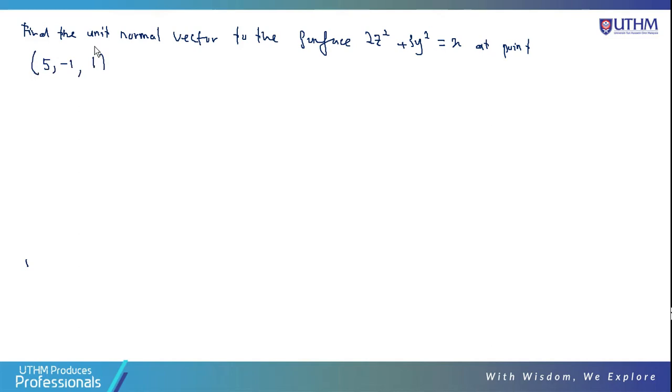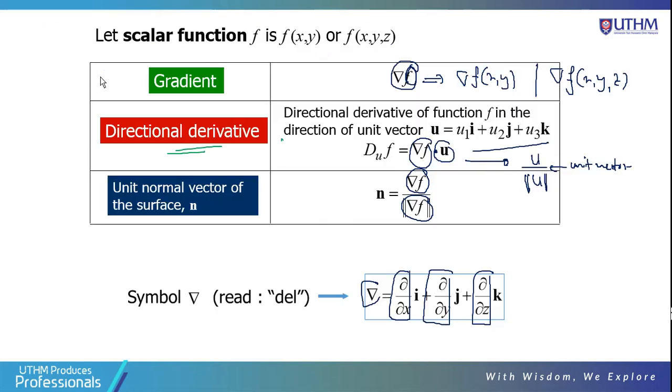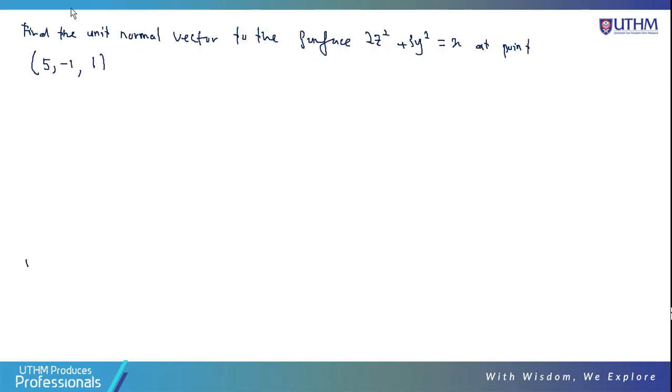Okay, the first thing you need to find, so the formula is n equals the gradient of the scalar function divided by the magnitude of the gradient. So you need to find the gradient f.